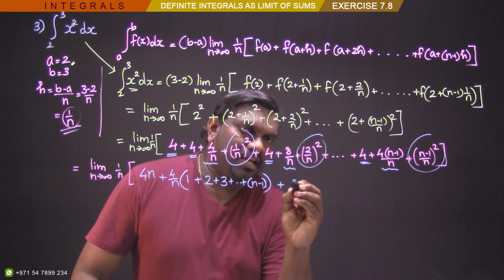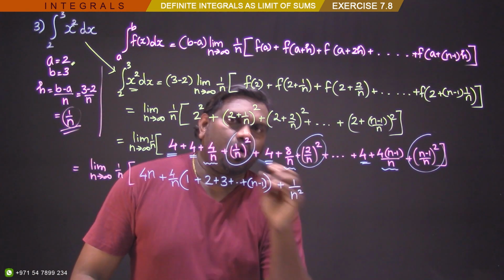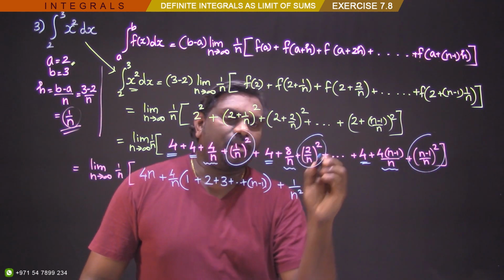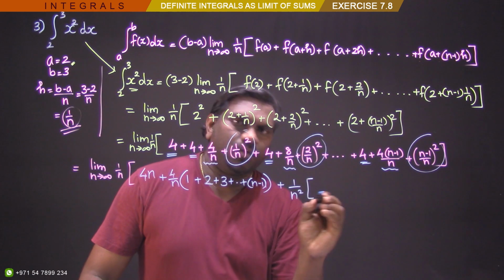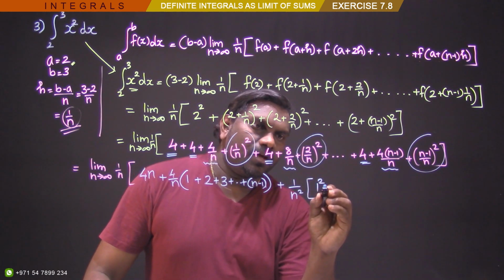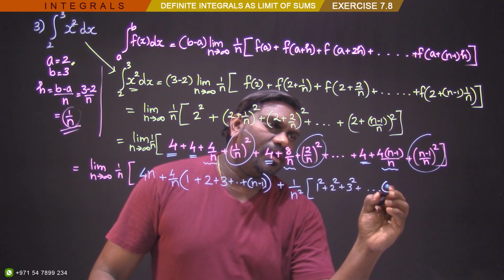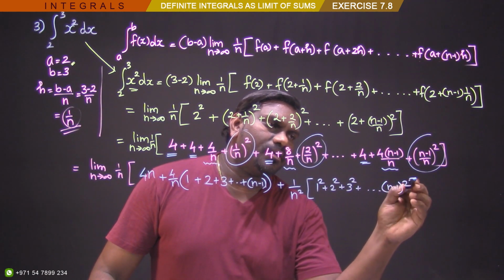I can say that 1 by n square, the denominator square, is common. And what I will be getting is 1 square plus 2 square plus 3 square, as it goes on to n minus 1 the whole square.